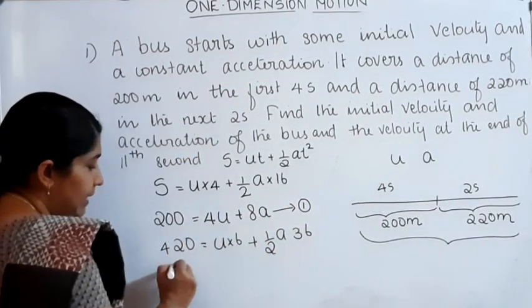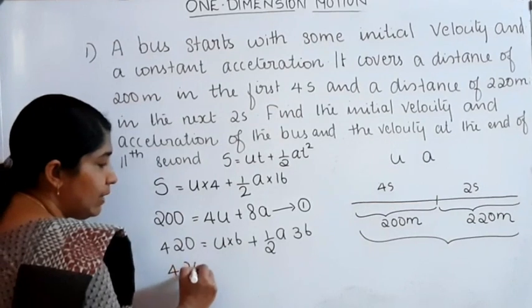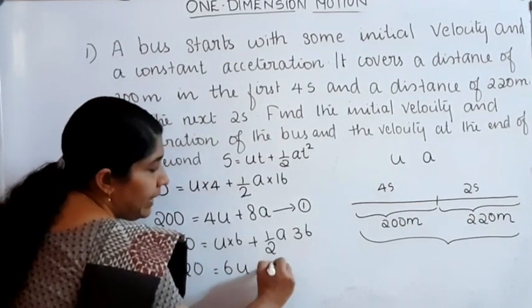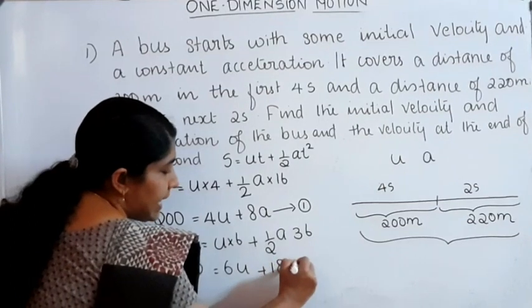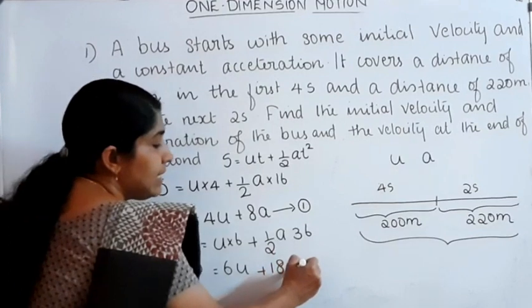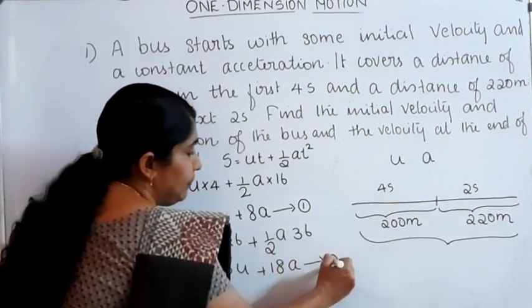Again we rearrange this: 420 is equal to 6u plus 18a. That is equation number 2.